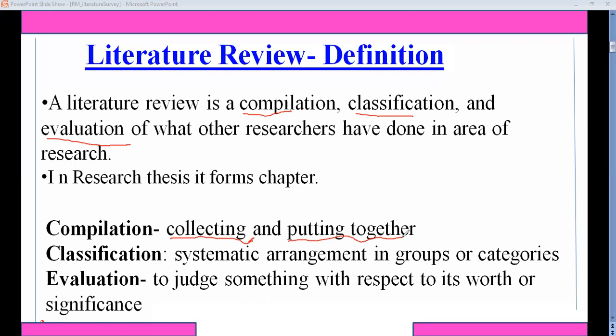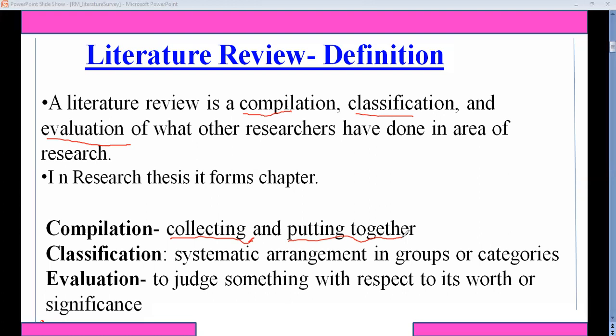So as I mentioned, the source for the literature can be a journal, thesis, research reports, and some data. Data is available. You can collect the data from different sources.